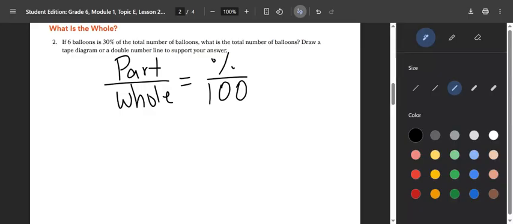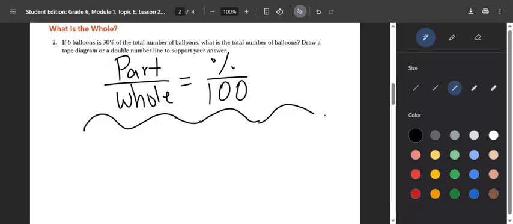All right, let's read this problem, because clearly we're finding the whole here, so we're going to use our model. I'll just put our work underneath this little squiggly line. If 6 balloons is 30% of the total number of balloons, what is the total number of balloons? It tells us to draw a tape diagram or double number line.